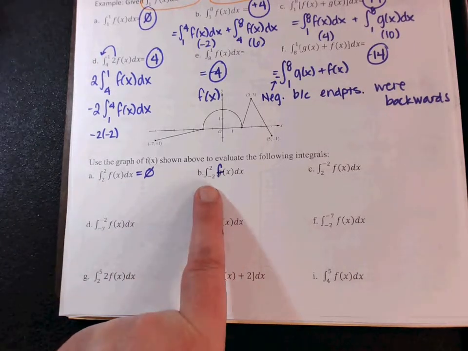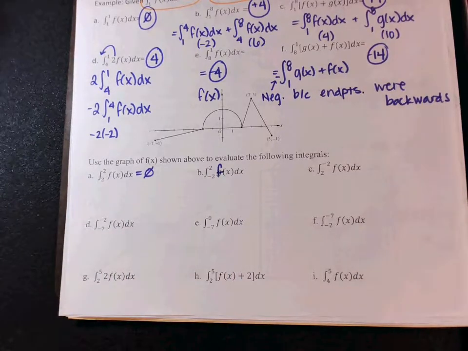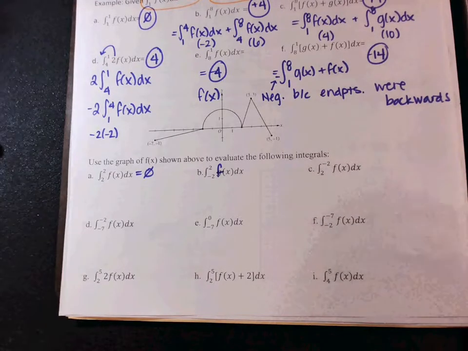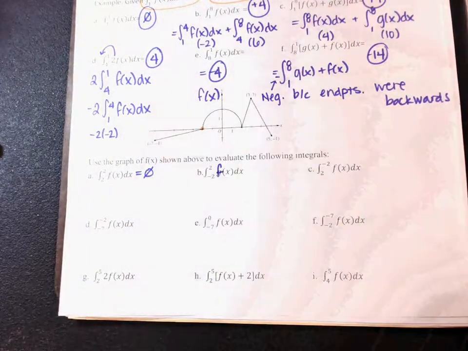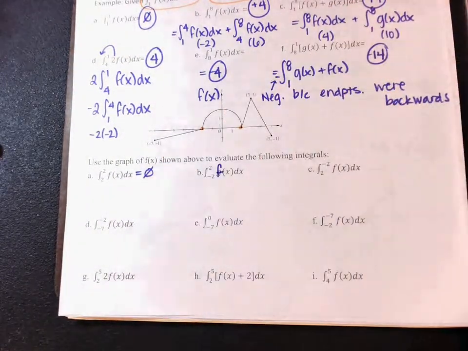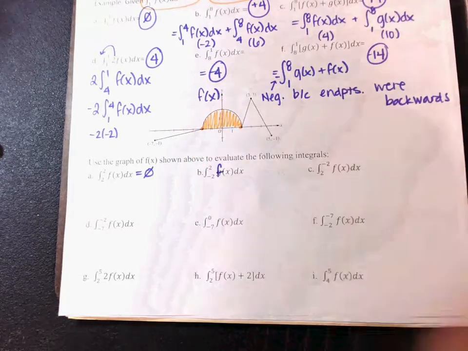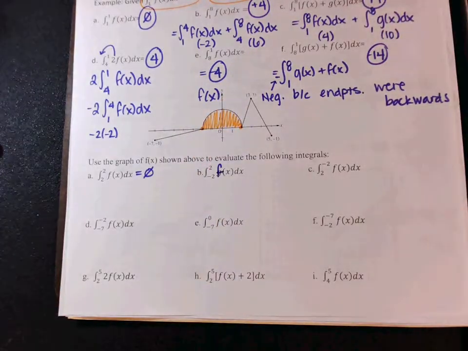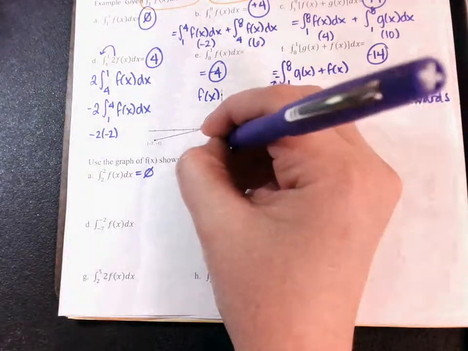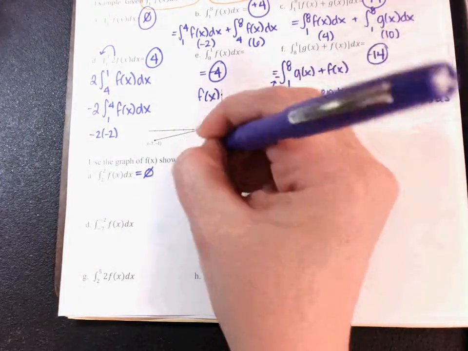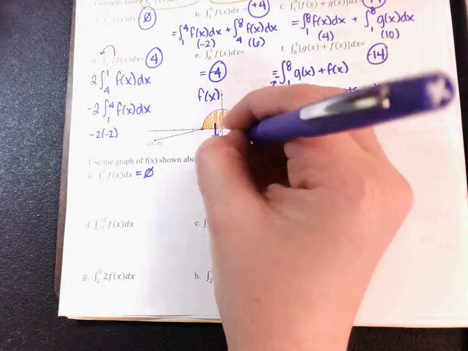Okay, letter B. I want to go from -2 to 2. Shade on your graph what shape that is. This is what we did Friday. So -2 is here. 2 is here. So if I shade that, what shape is that? Okay, half of a circle. So how do I find the area of a whole circle? It'd be pi r squared.